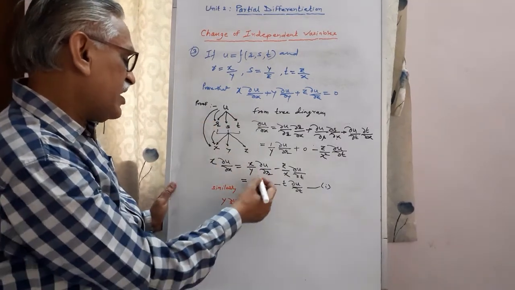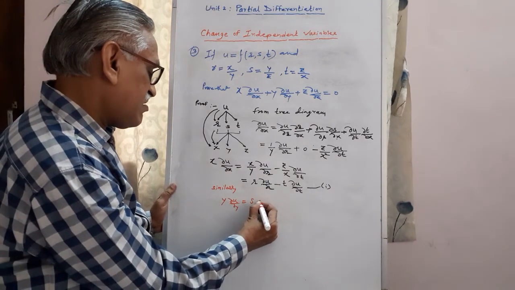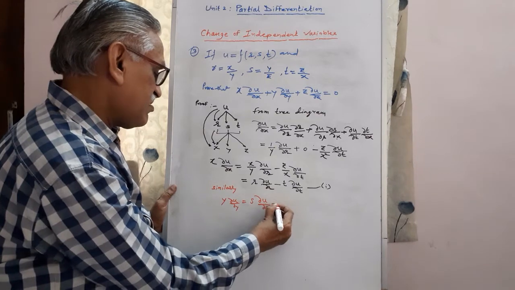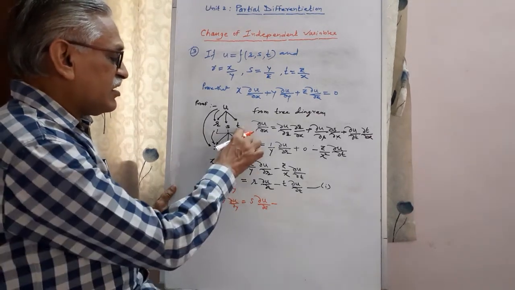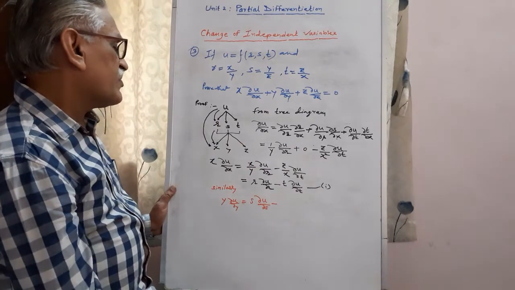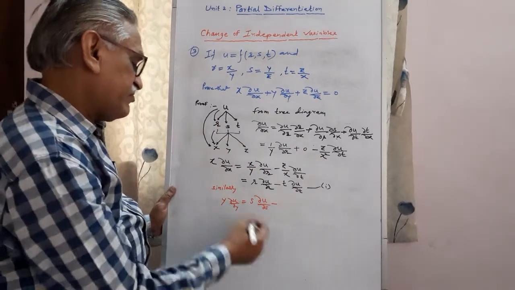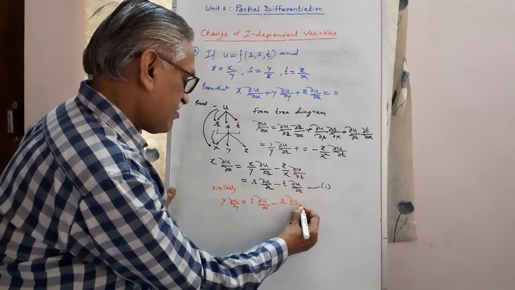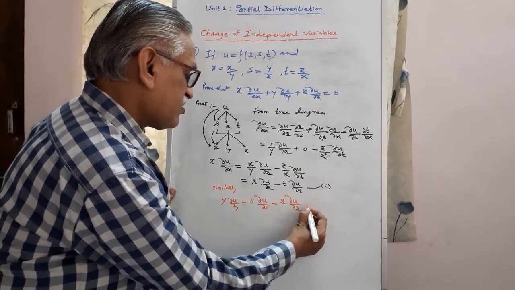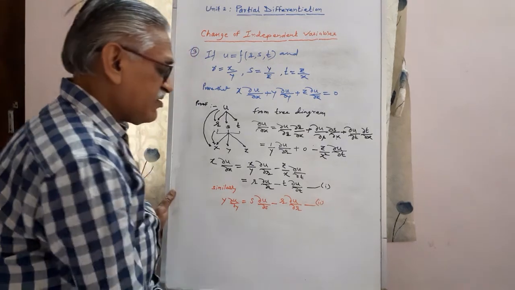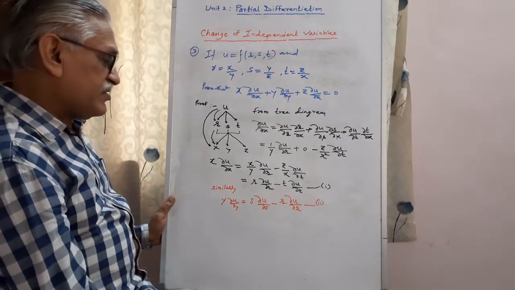Therefore, it is s ∂u/∂s, then corresponding to this t, it is 0, and then minus r ∂u/∂r. Okay, this is the second result.